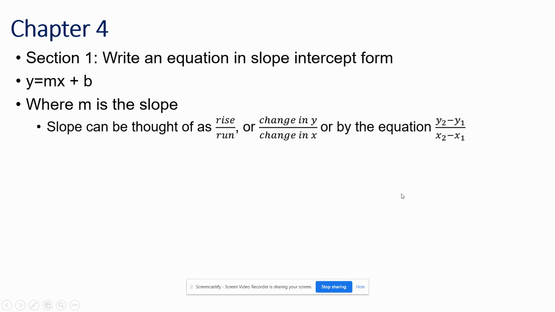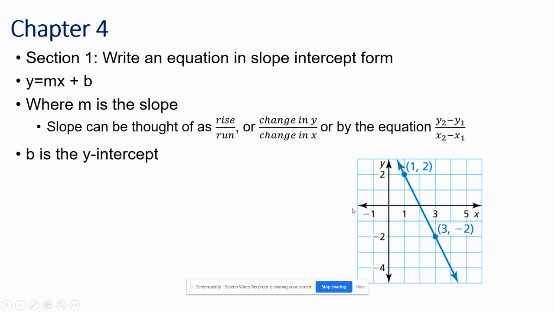So our equation is y equals mx plus b. m is our slope, and b is the y-intercept. And here's a picture. So we've got this line here that goes to the point (1, 2) and the point (3, -2). We can count down 4, so our rise is actually a rise of negative 4, and our run is a run of positive 2.